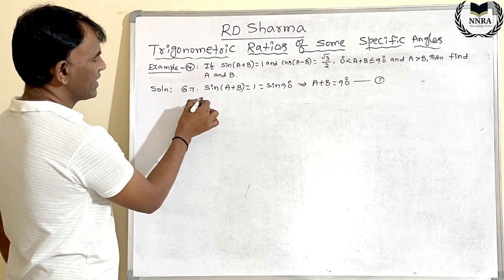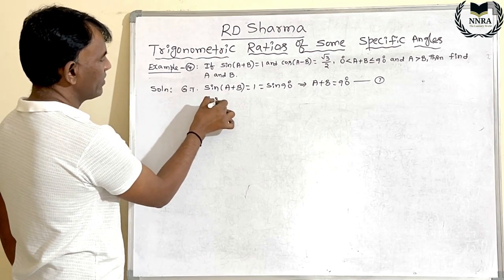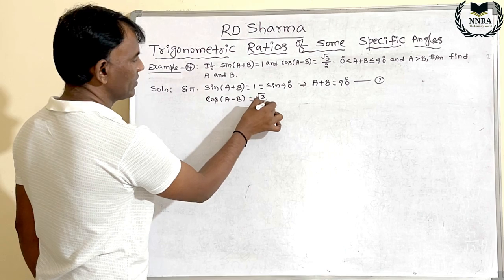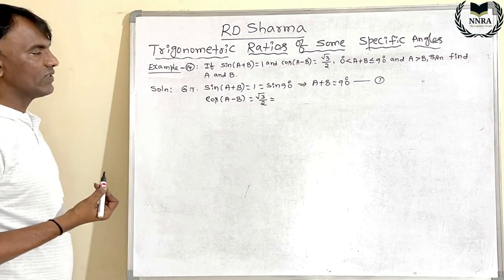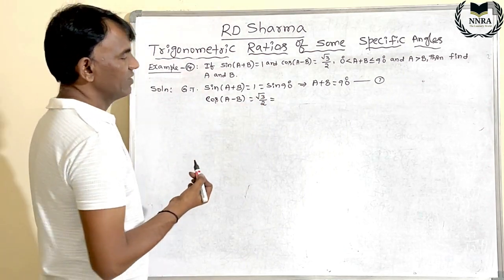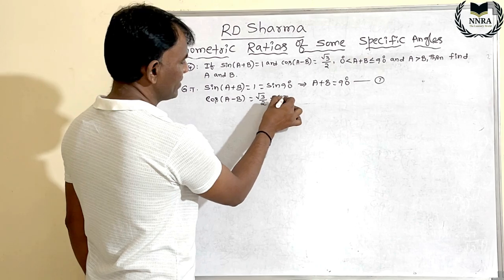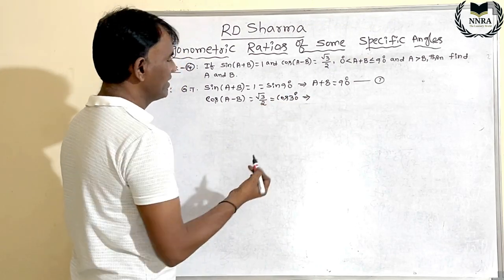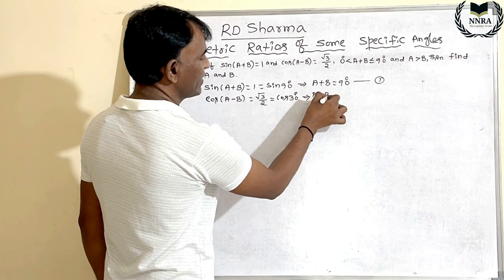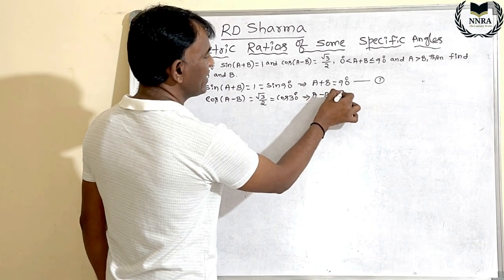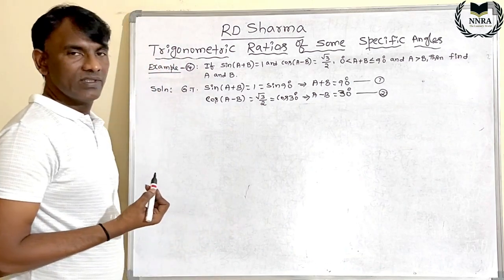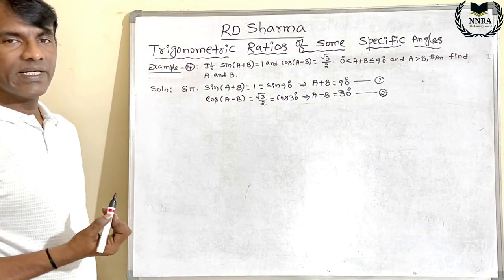And coming to the second equation, cos of a minus b equals root 3 by 2. Root 3 by 2 in cosine means 30 degrees, so right here cos 30. Now a minus b equals 30 degrees. This is equation number 2. So by solving 1 and 2 we get a and b values.